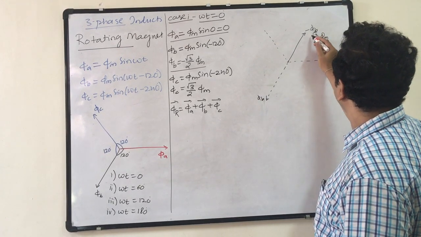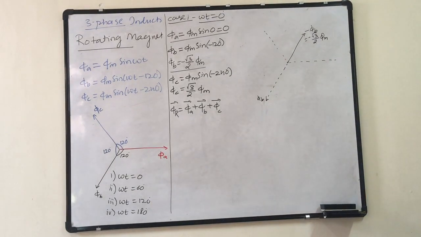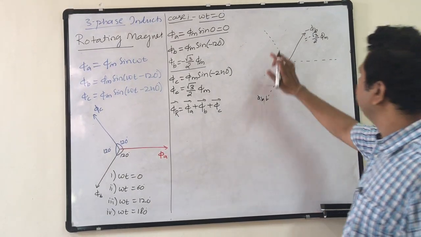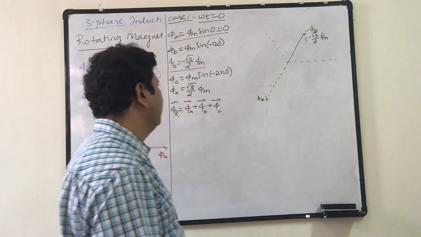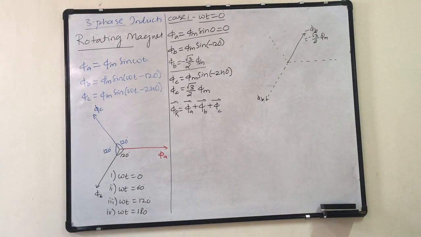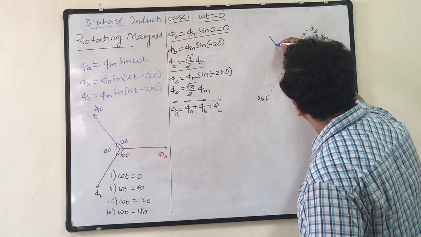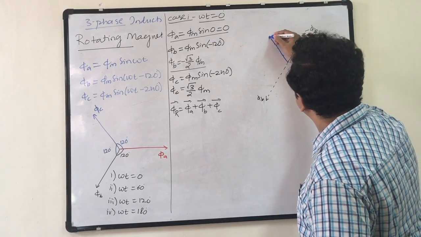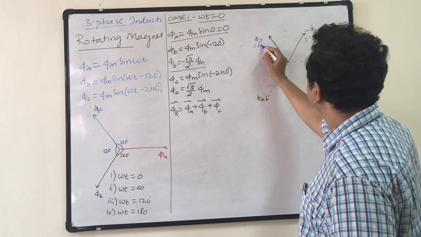Whenever I am taking magnitude, I should be taking only the magnitude. Then phi c is plus root 3 by 2 phi m. Therefore phi c will remain at its position. Phi c equals root 3 by 2 phi m.